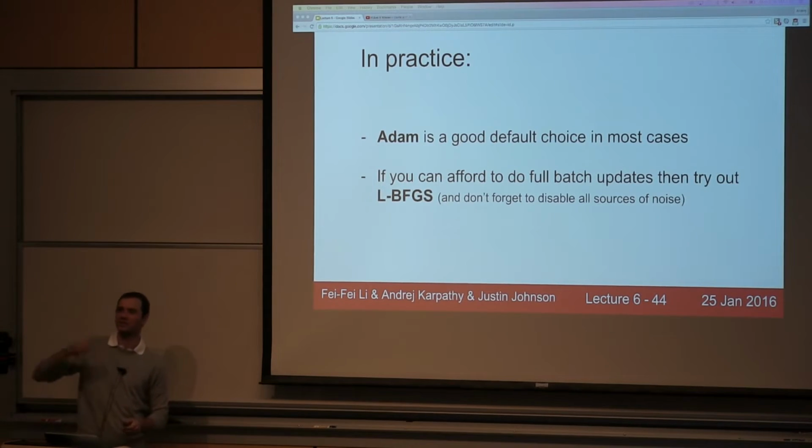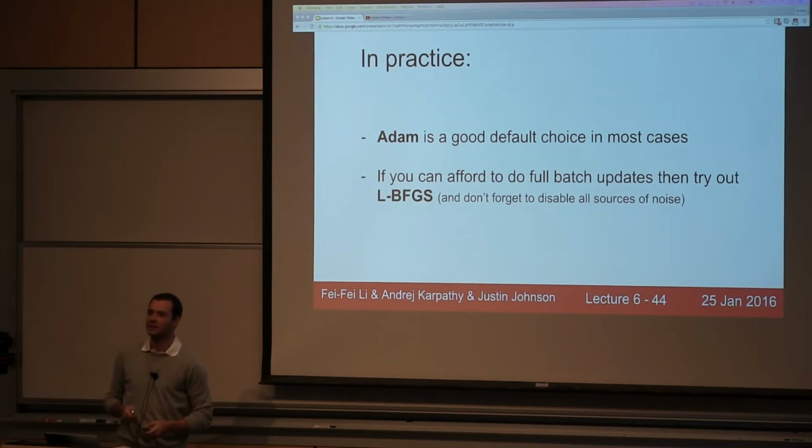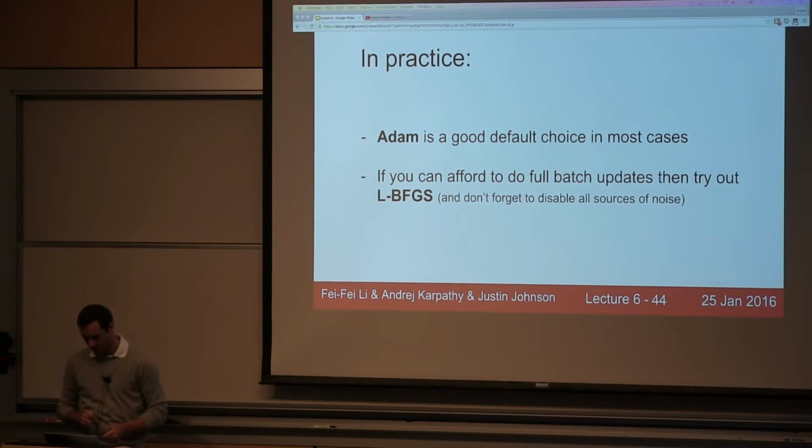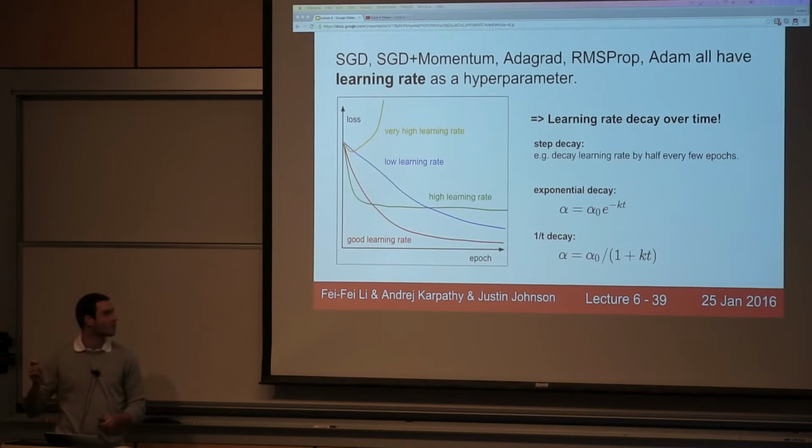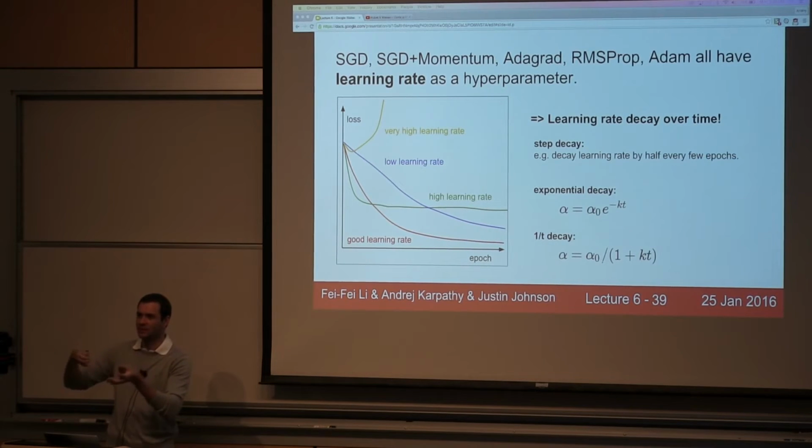Okay, there's a question in the very back. Yeah, so we talked about why it's good to decay your learning rates, but also why Adagrad suffers because it decays your gradient. So I'm not sure if I fully understood your question. You're asking about Adagrad, for example, which automatically decays your learning rate over time.